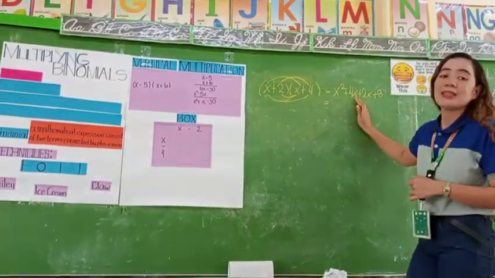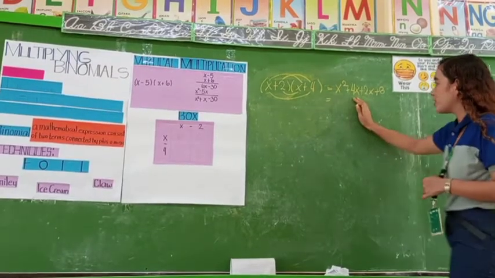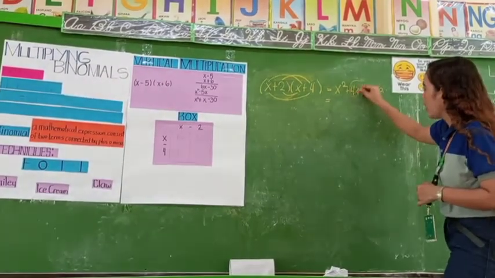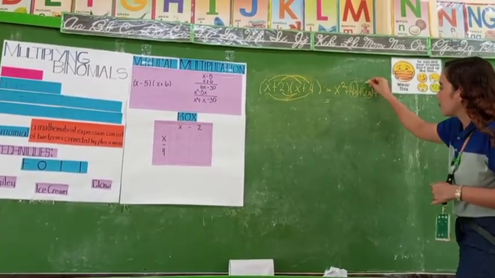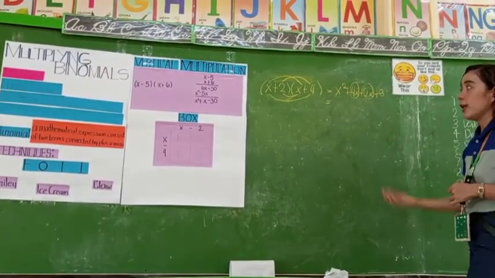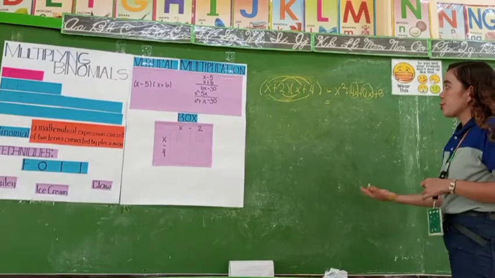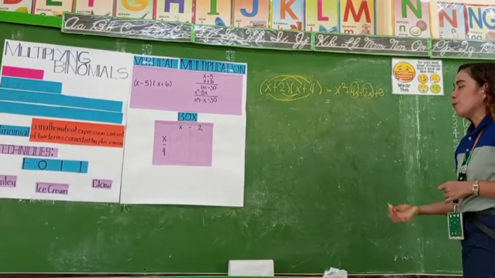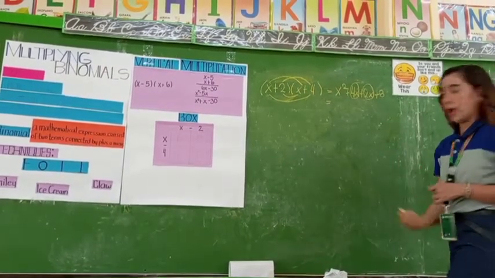So, combine like terms. Yung like terms lang dito is yung 4x and then the 2x. Yun lang ang i-add natin. And then the remaining term na walang kapareho, we will just copy.